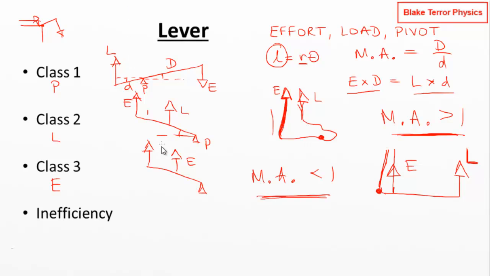So that's the 3 setups of your levers, but they're all using the same geometry. They're all using this ratio of distances from the pivot point in order to work out mechanical advantage.